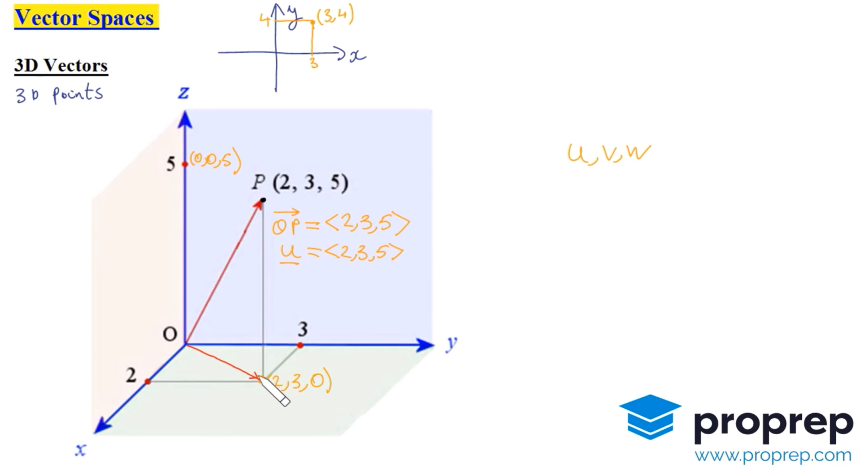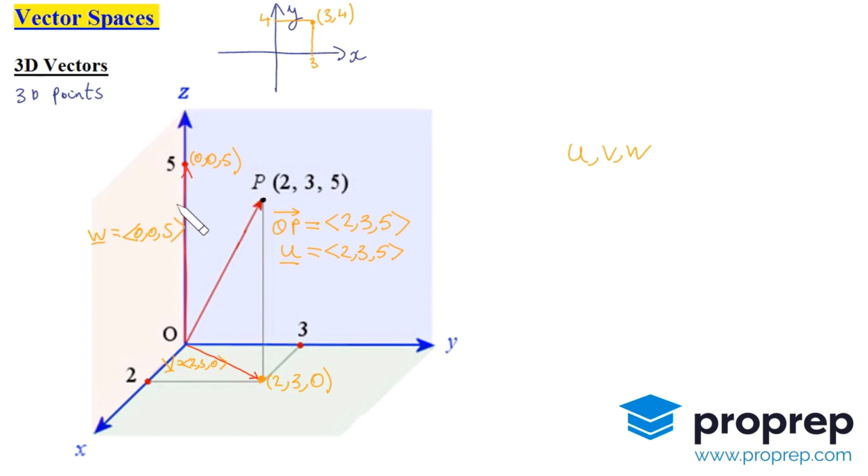And this is now the corresponding vector, and as a vector we write it as ⟨2, 3, 0⟩, the same numbers but with a different kind of brackets. And also this example, and here's the line with the arrow at the end, and this would be the vector ⟨0, 0, 5⟩. And let's give them names. This one, well, we use the letter U. Let's call this one V. And this one we'll call W.